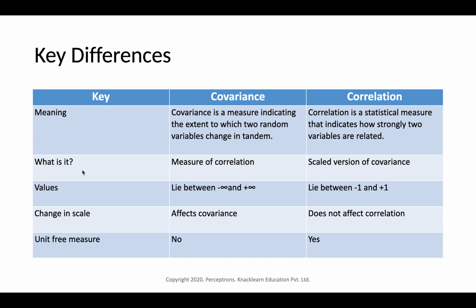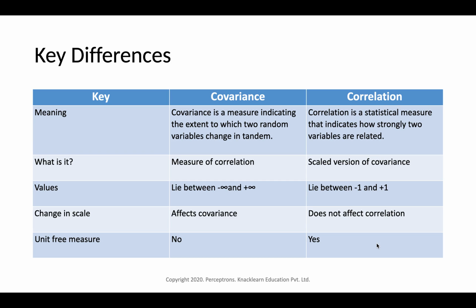The key difference is that covariance is a measure of correlation, but correlation is a scaled version of covariance. So we have a scale of -1 to +1 within this. Values in covariance will lie between -infinity to +infinity, and correlation values will lie between -1 to +1. When we change the scale, it is going to affect covariance, but it is not going to affect the correlation.